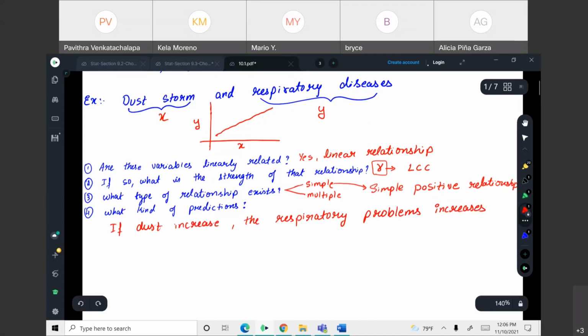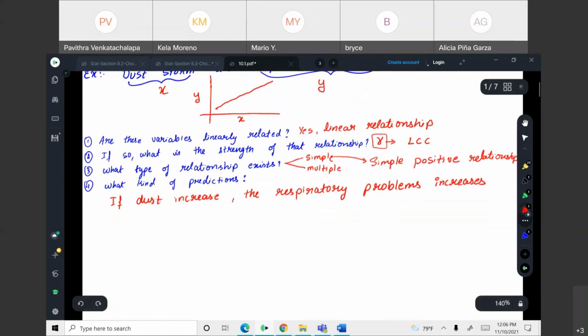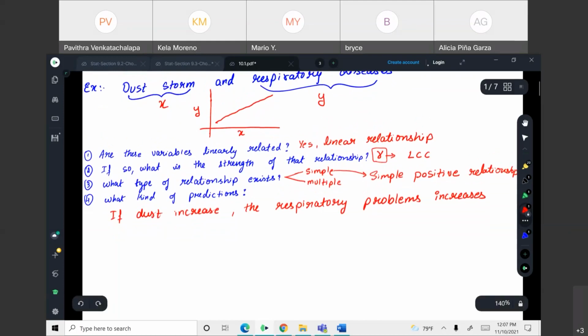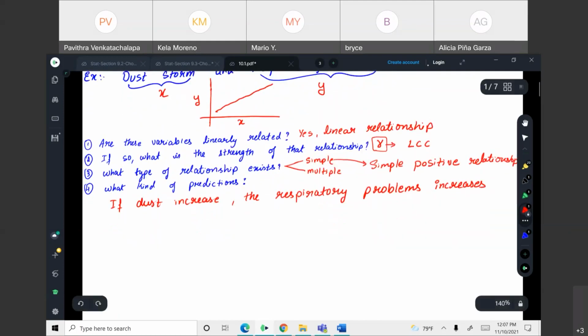Okay, so it is very easy when you can draw the plot and make predictions. Fine, so this was your section 10.1, and this is why we need correlation and regression. This is all about correlation, and we will talk about regression in section 10.2. I'll try to bring a similar kind of example so you can understand well. Fine.